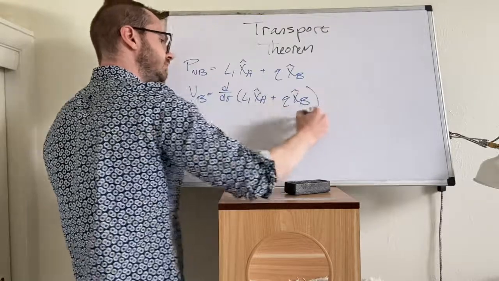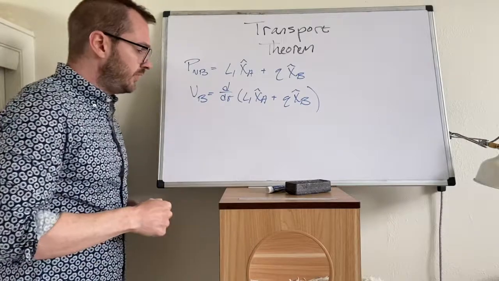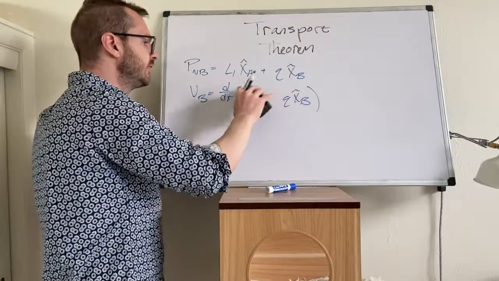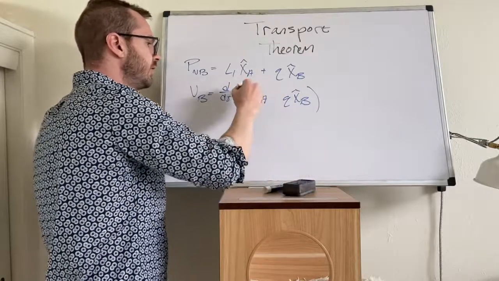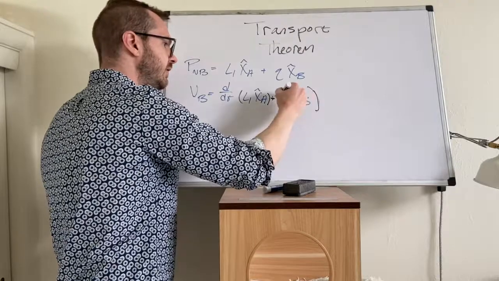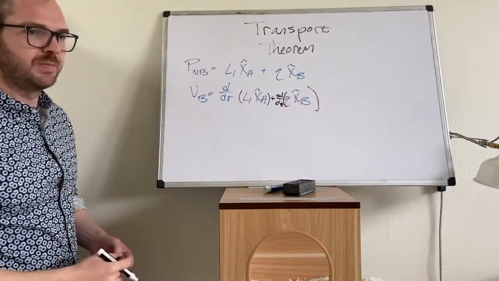So what do we do? Well, we can distribute the ddt. So I'm going to put parentheses here, plus ddt. All right, we can do a product rule expansion.